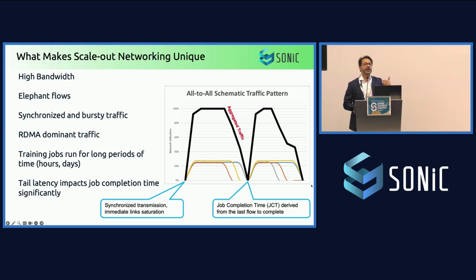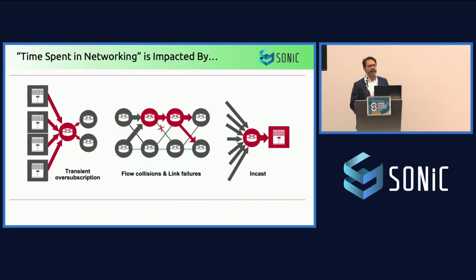What it means is a single slow flow slows down everybody, right? And that is a killer for your job completion time. So if you apply your traditional networking models on AI networking, the network will become a bottleneck. And that is what many people have seen.